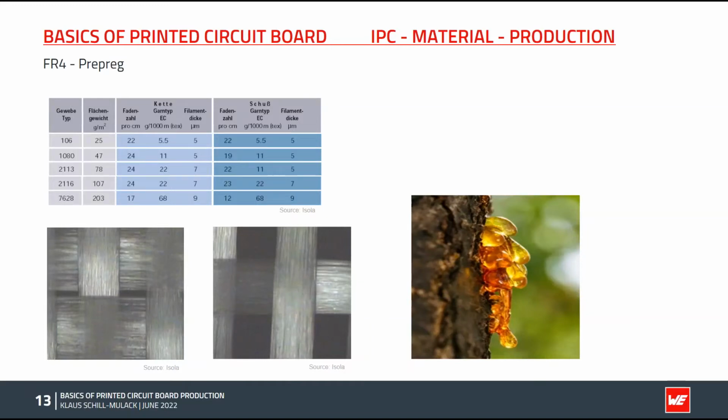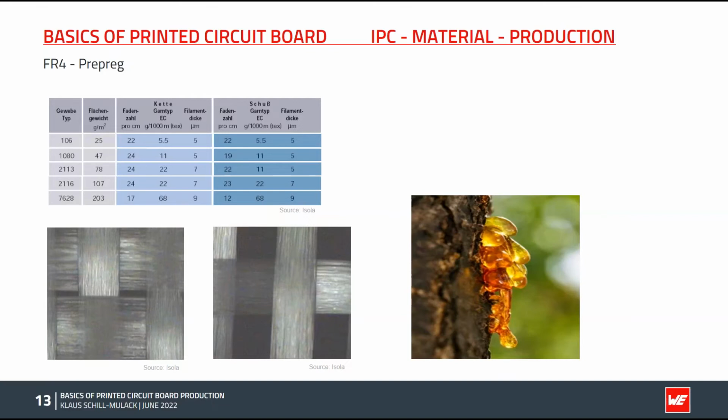Standard materials commonly used at Würth Elektronik and in Europe are 5 glass types, which you can see on the right side. The thinnest one is the 106. The thickest one is the 7628. In Europe, as described, we have 5 glass types. In Asia, you can find even more glass types.